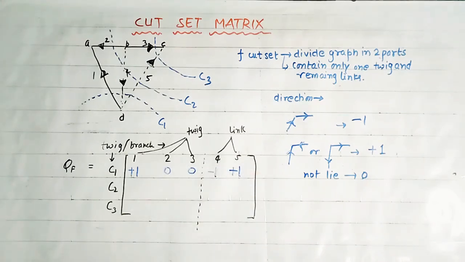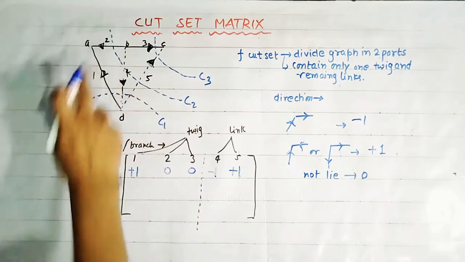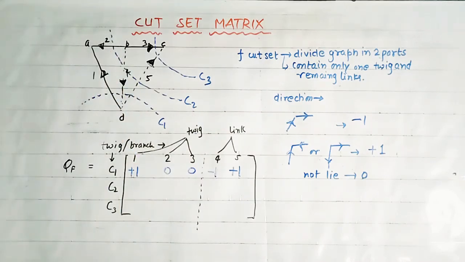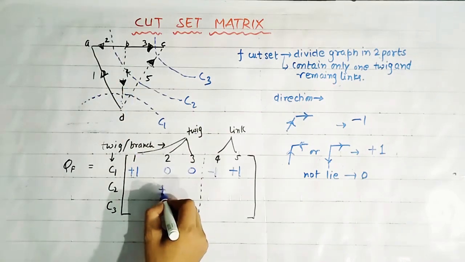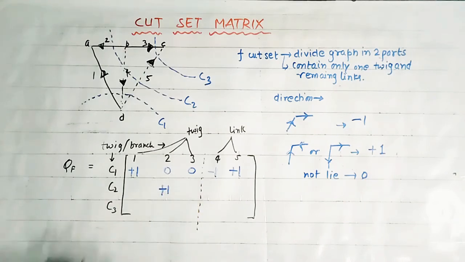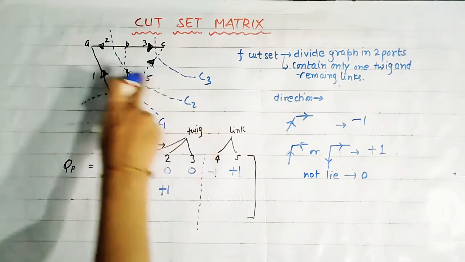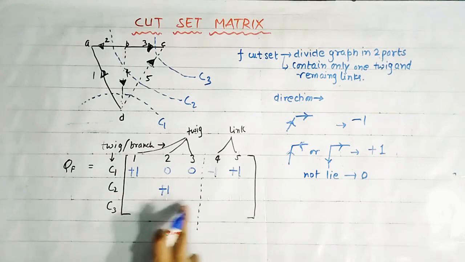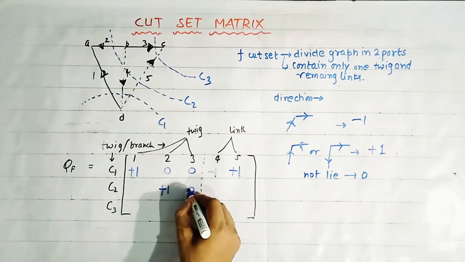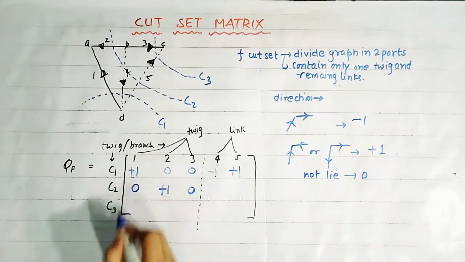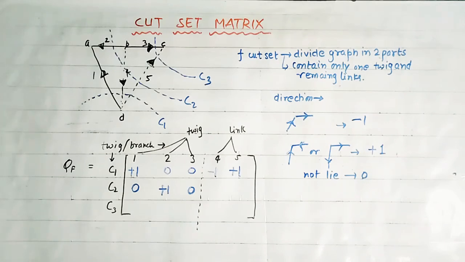Now see the cut set 2. In the cut set 2 the twig included is 2. So we will write +1 for 2. Now this cut set 2 includes 2, 4 and 5 branches, and remaining branches are not included in the cut set, that's why we make them 0. So what is the direction of 4?